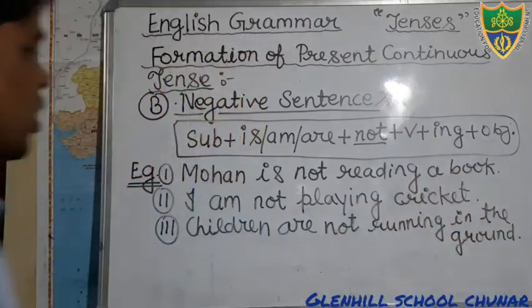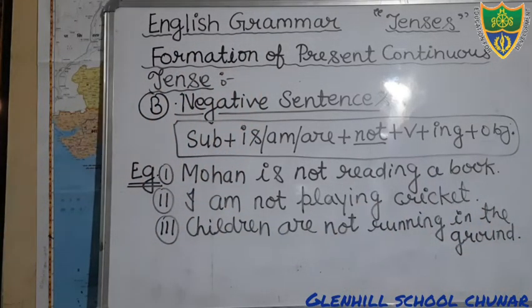Students, these are the sentences that you have to write in your notebook, based on the negative structure: subject plus is, am, are plus not plus verb plus ing to the verb, then after that the object, and at the end of the sentence we will use a full stop. Just see, Mohan is not reading a book.